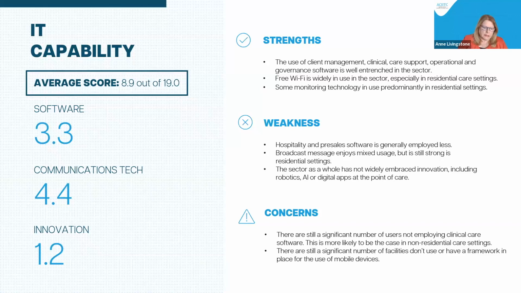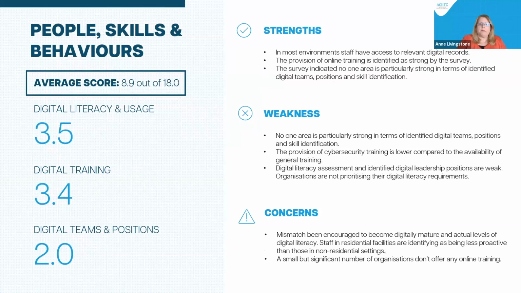For example, in IT capabilities, we looked at software, communications technology, and innovation. With people skills and behaviour, same sort of things, but you can see that we also are in each of the areas giving information on the strengths, the weaknesses, and the concerns. Same again in governance and strategy.